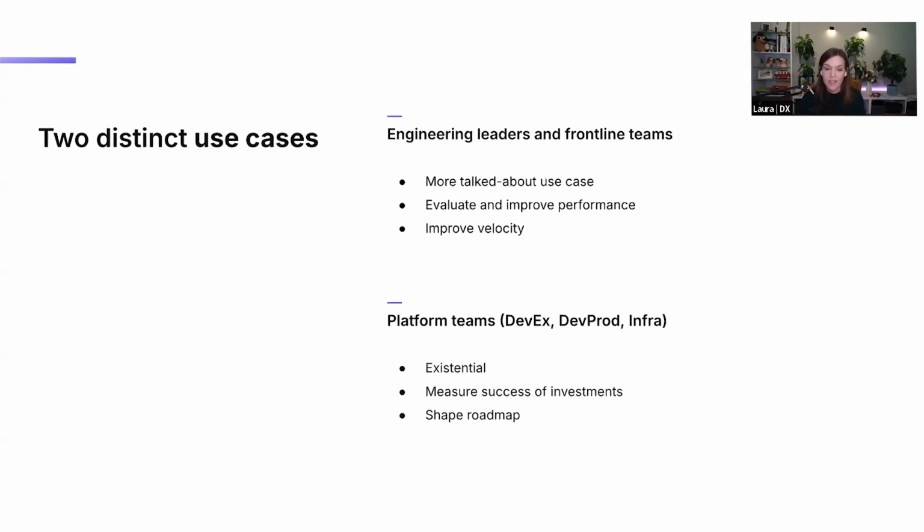There are some things, though, like simplifying complex workflows, that really need to be done at an organizational level, where even if frontline teams are really equipped to use this data for continuous improvement, they will need support from their organization in the form of a services team, an infra team, a dev prod team, a platform team, in order to simplify that complexity and really see that advantage accrue over time when it comes to improving productivity and improving efficiency.